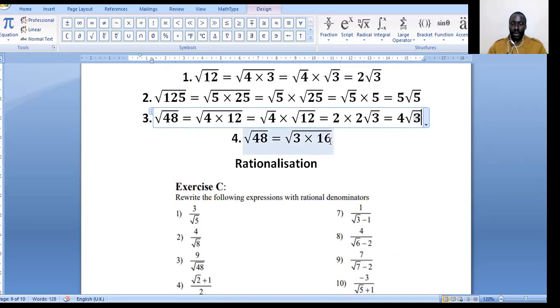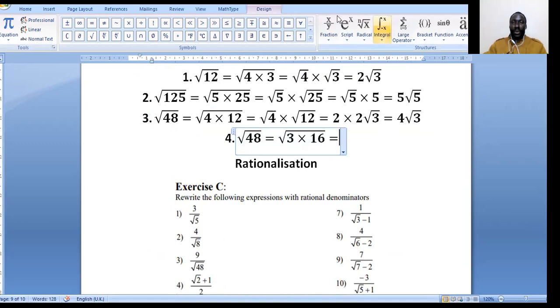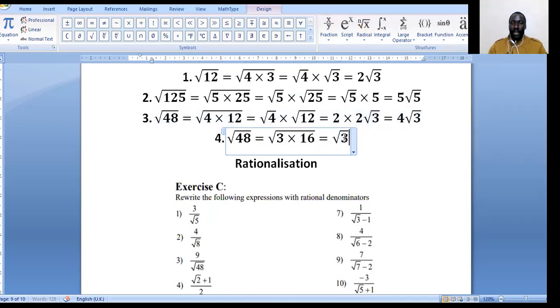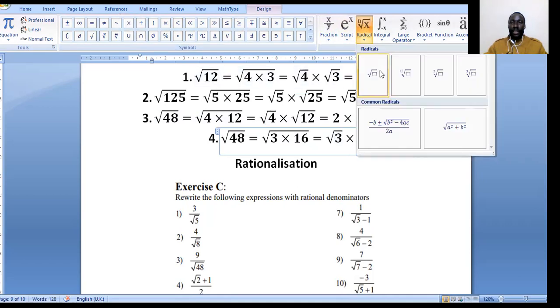We could also deal with this right away instead of going this way. If we decide to go this other way, then we'll be having square root of 3 separately, and we'll later have to multiply this with the square root of 16 also separately.